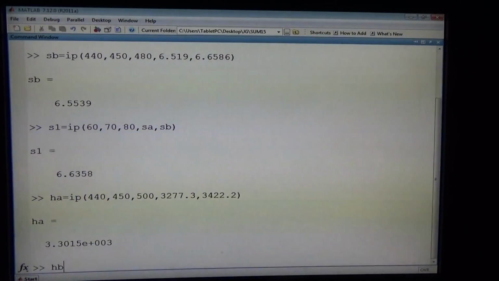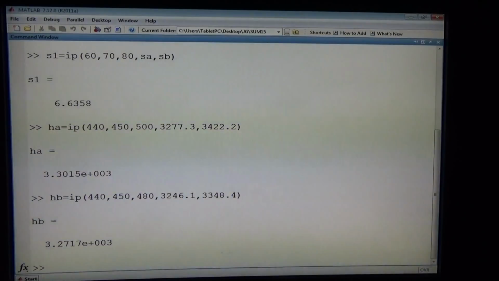HB, at 440, 450, 480, 3246.1 and 3348.4. So we get 3271.7.